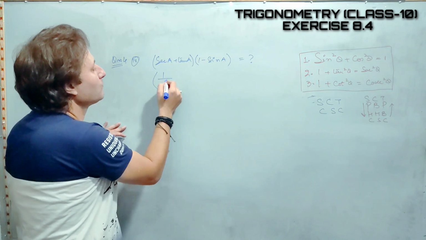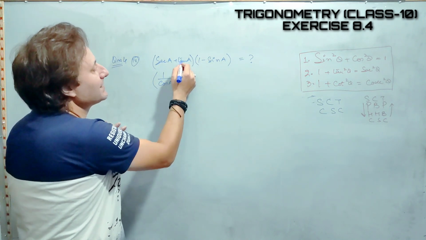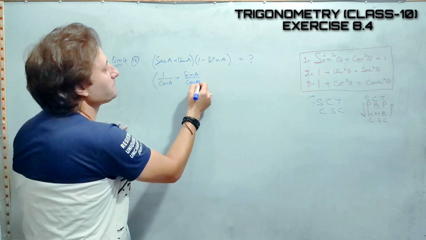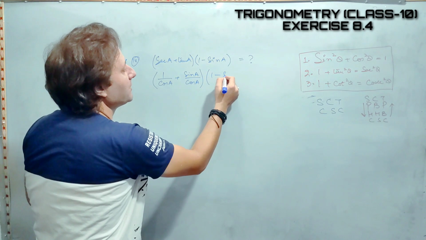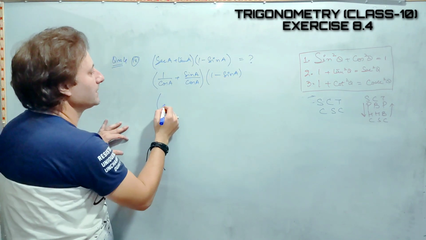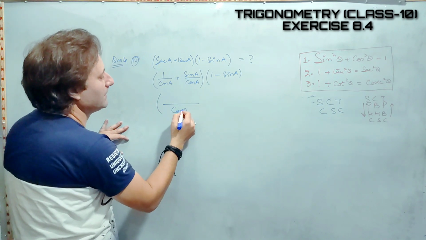So sec A is 1 upon cos A. Tan A is sine A upon cos A. This thing can't be changed because it's simple here. So let's take cos A as LCM.